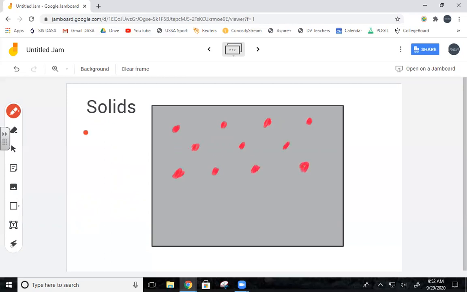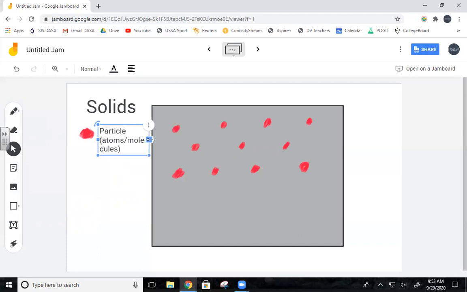So these red circles are particles. And what I mean by particles is atoms or molecules. Okay? What is the difference between atoms and molecules? You remember? Jay, don't remember?